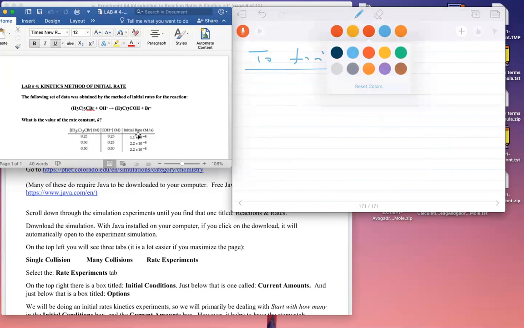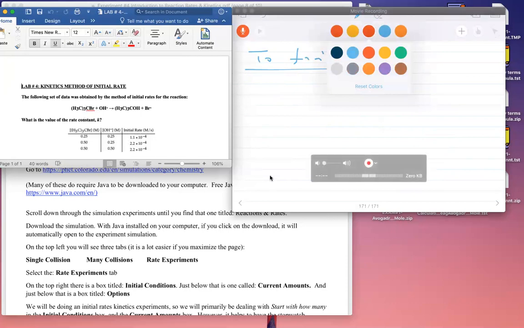This is experiment 1, experiment 2, experiment 3, with each rate.